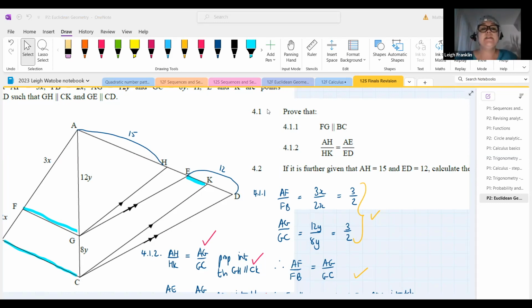So Shisana says we can calculate the length of HK. All right, you're not wrong, Shisana. Absolutely, we can calculate the length of HK. How are we going to do that, Shisana? What are we going to sub into if we want to calculate the length of HK first? What would we write?